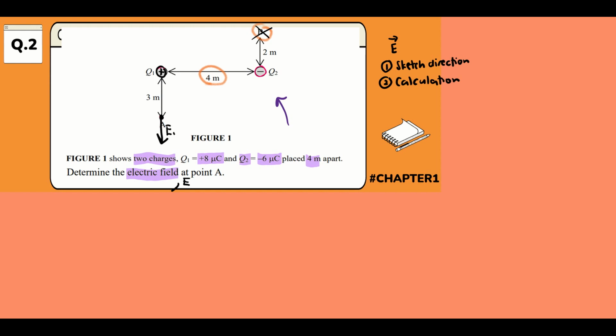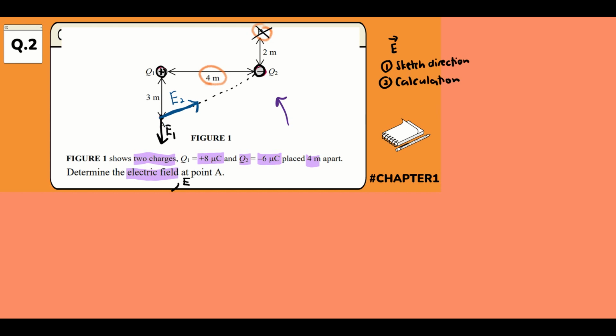This is your E1. And then the electric field due to charge 2 is going to be along this line, and charge 2 is negative, so from point A, your electric field E2 is into the charge. So this is your E2. Now this is your diagram.